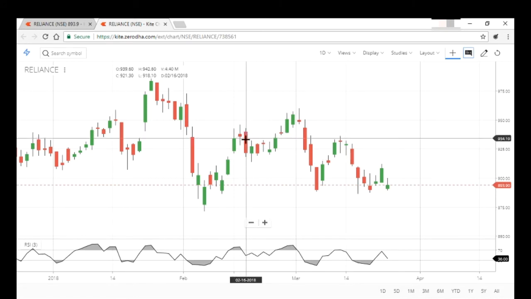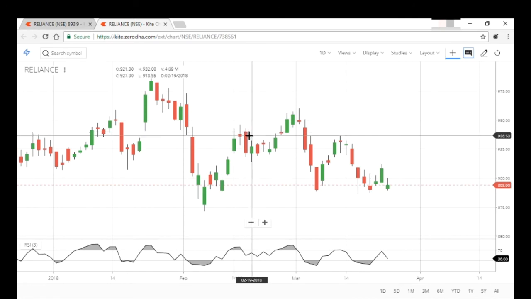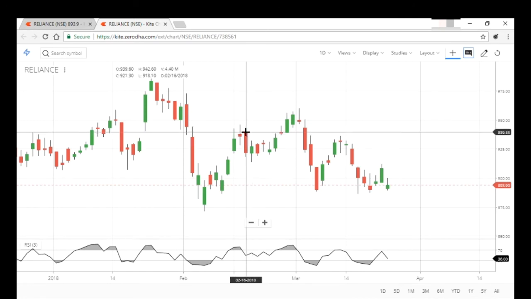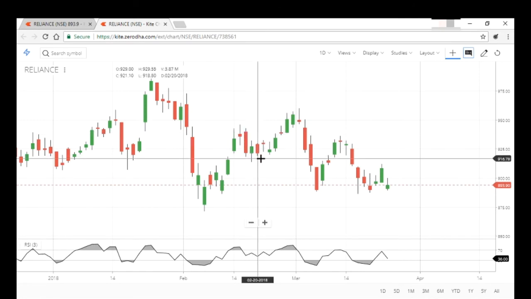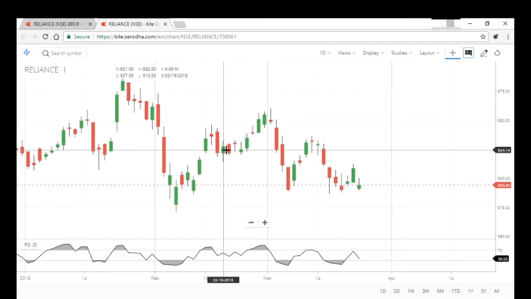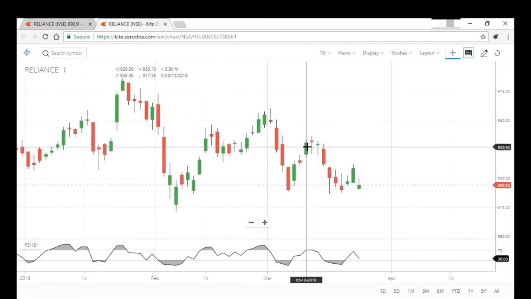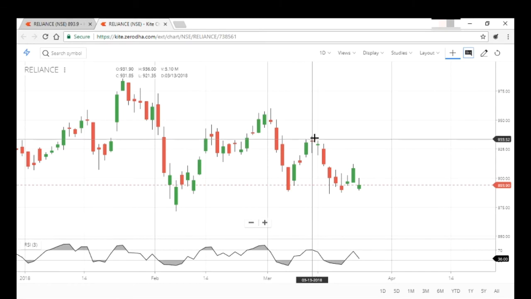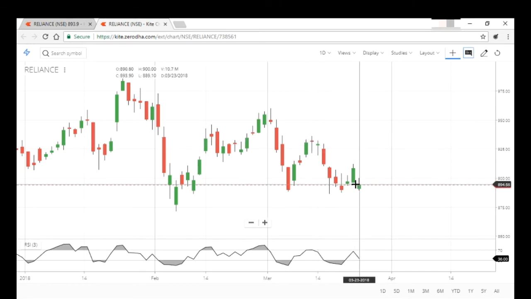In intraday also, if you had entered the next day, it would have been a big profit. So this is how it works. See here also, there is a gap up, it couldn't sustain those higher levels, it came down and then down.